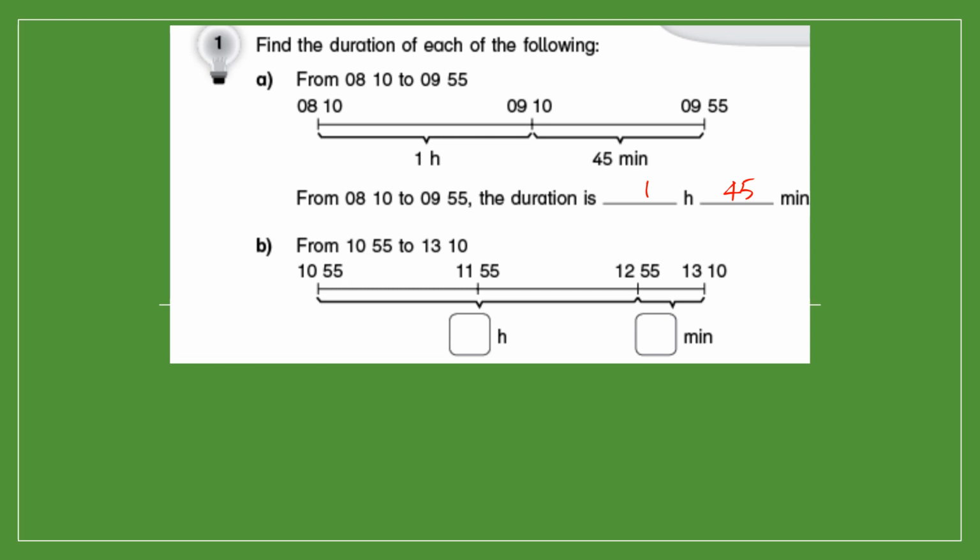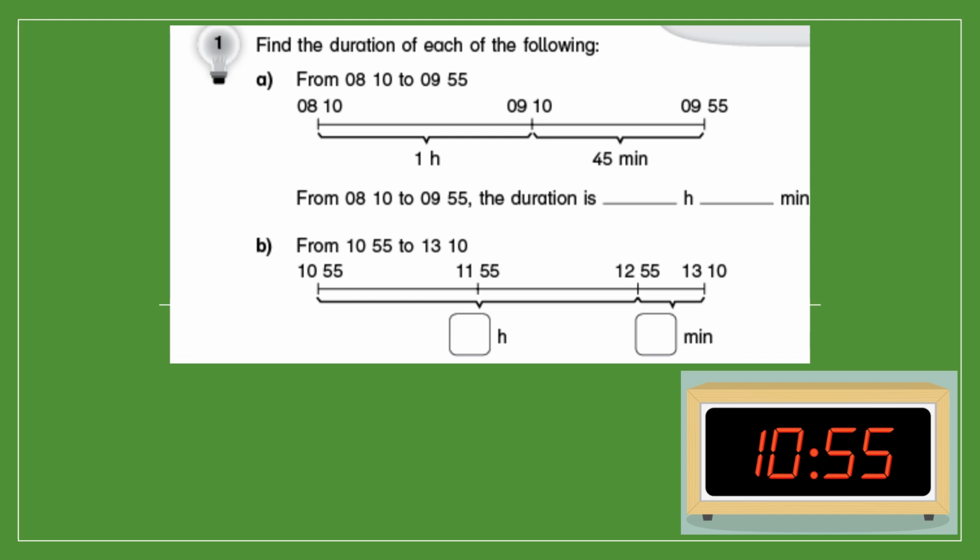Next, let's look at the following question from 10:55 to 13:10. How do we break this into something reasonable? Let's bring in the digital clock once again. From 10:55 to 13:10, let's look at the increase in terms of the hour.